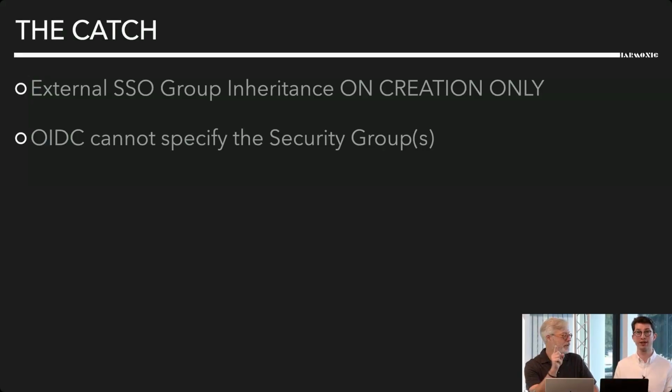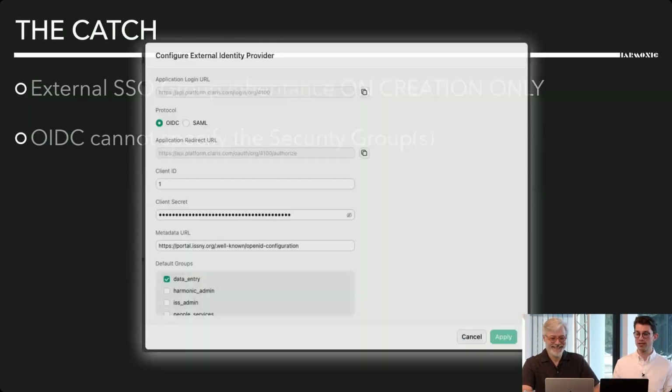Feature request. But not currently. So the default groups or group to which SSO users are added is configured in Studio, as you can see in the screenshot. And all newly created users will get added to the groups that you select here.